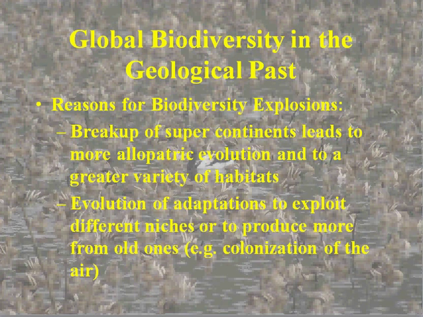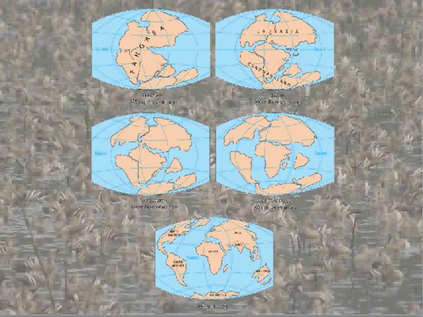Okay? So just to illustrate how the continents have changed their position, or are thought to have changed their position over time, as you can see, the first picture shows all the continents clustered together to form the supercontinent Pangaea.